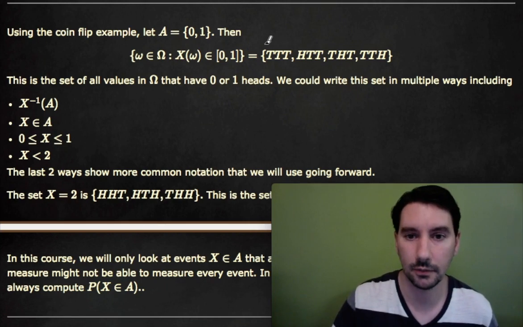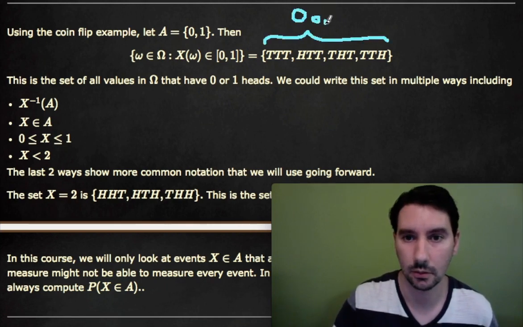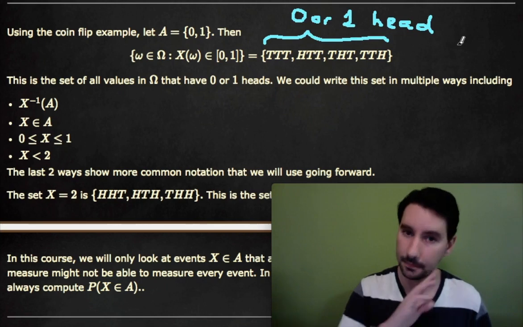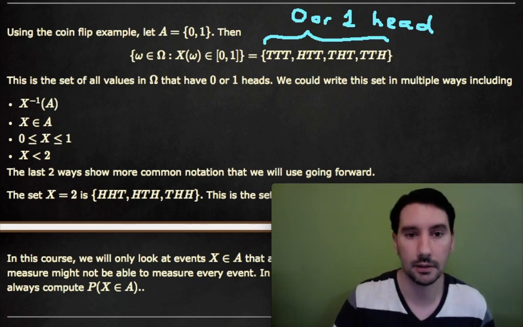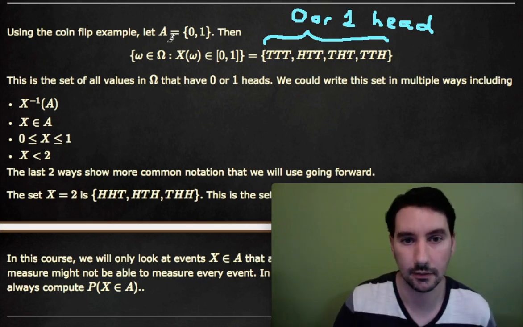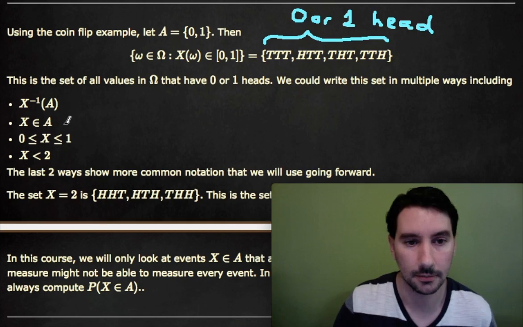So if any of these 4 outcomes occur, there are 0 or 1 heads. And that would be the set of points in omega in which X is in the set A. So we could write this as X inverse of A. That's the same set. We could also write this as X is in A. Or we could say 0 is less than or equal to X is less than or equal to 1.